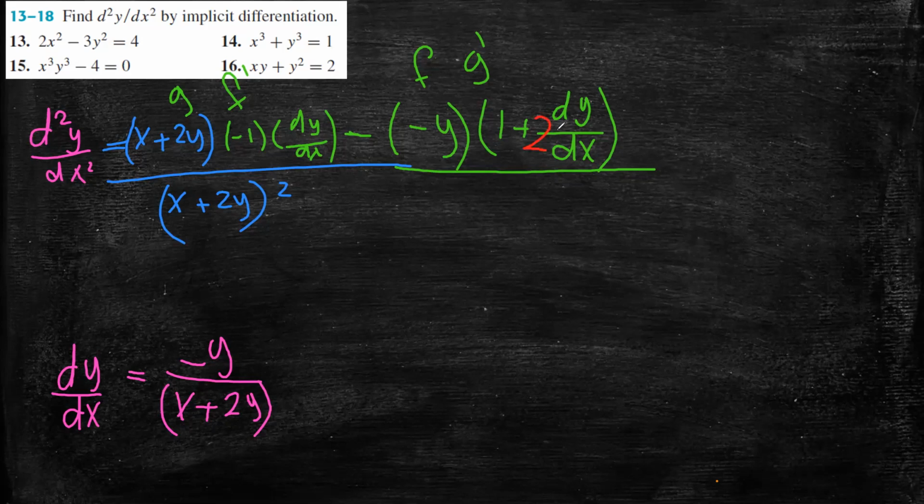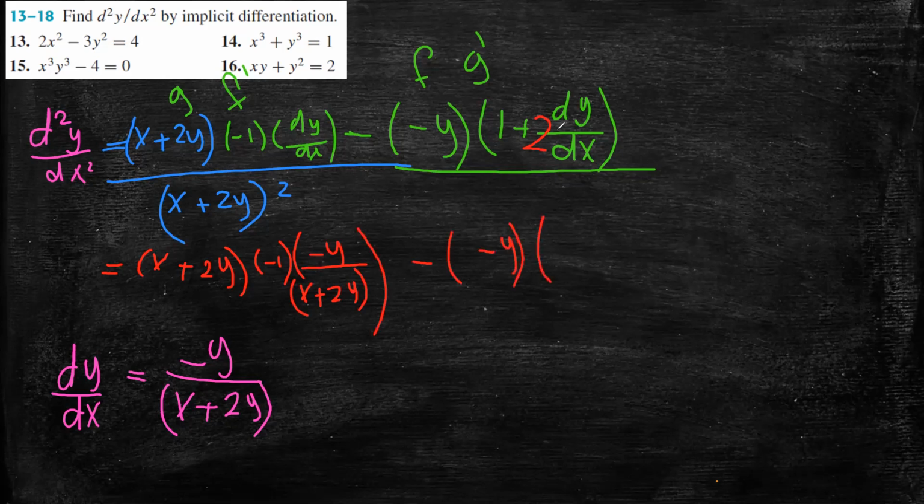Then here we have x plus 2y times negative 1 times, what is dy over dx? It is negative y over x plus 2y. Then minus negative y times 1 plus 2 times negative y over x plus 2y.